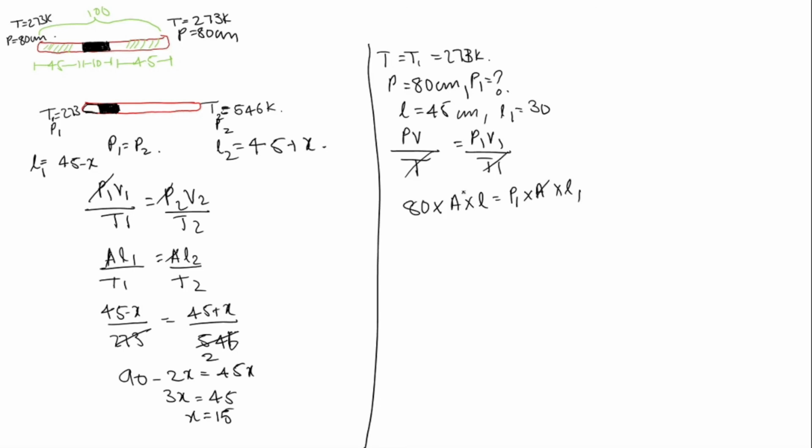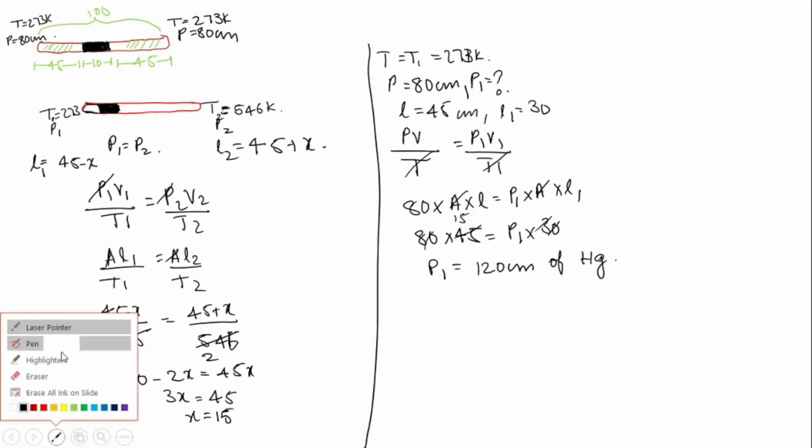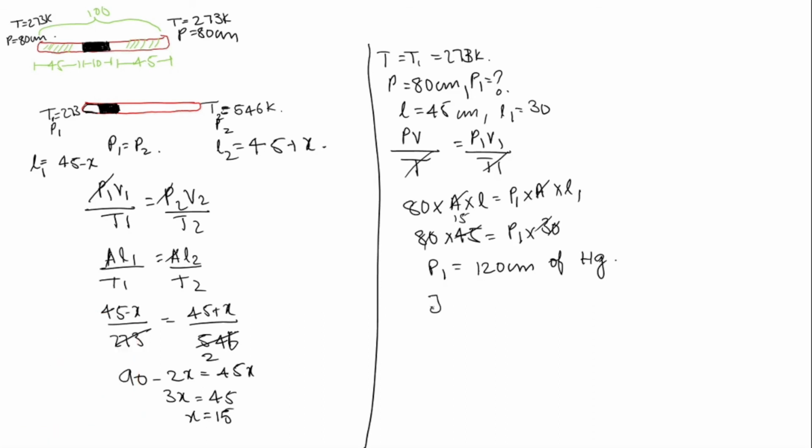Area is same, so it will get cancelled. 80 into L, which is 45 centimeters, is equal to P1 we need to find into L1, which is 30. The zeros will get cancelled. 3 ones are 3, 3 fives are 15. So P1 is equal to 120 centimeters of Hg. So the pressure at this end will be 120 centimeters of mercury. So the option is three.